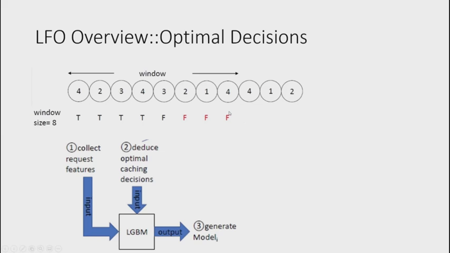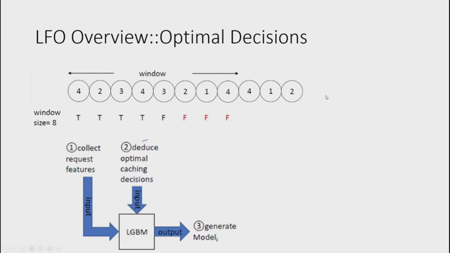The reason is because, let's say LFO knows what is going to happen in the future. It would have cached these three objects. They are going to be accessed really, really soon. So LFO better cache them.